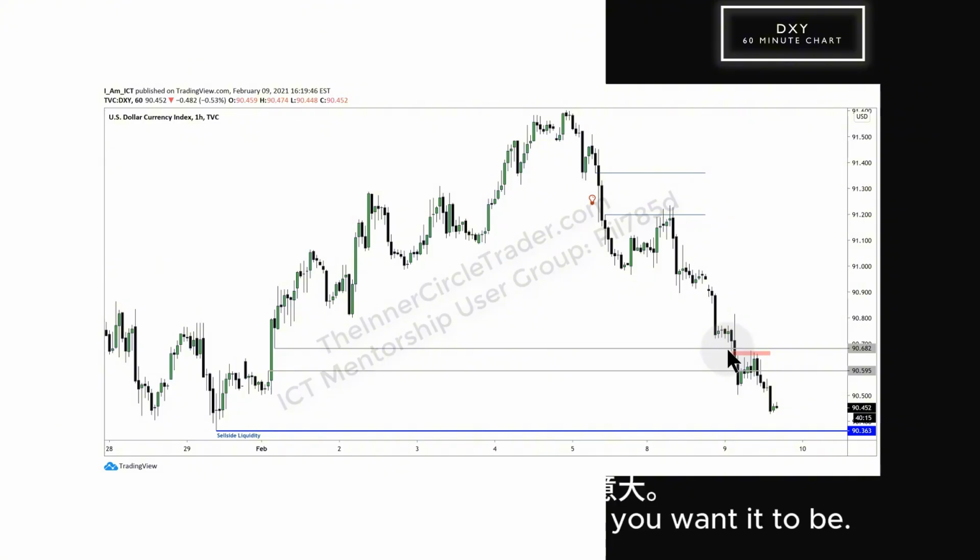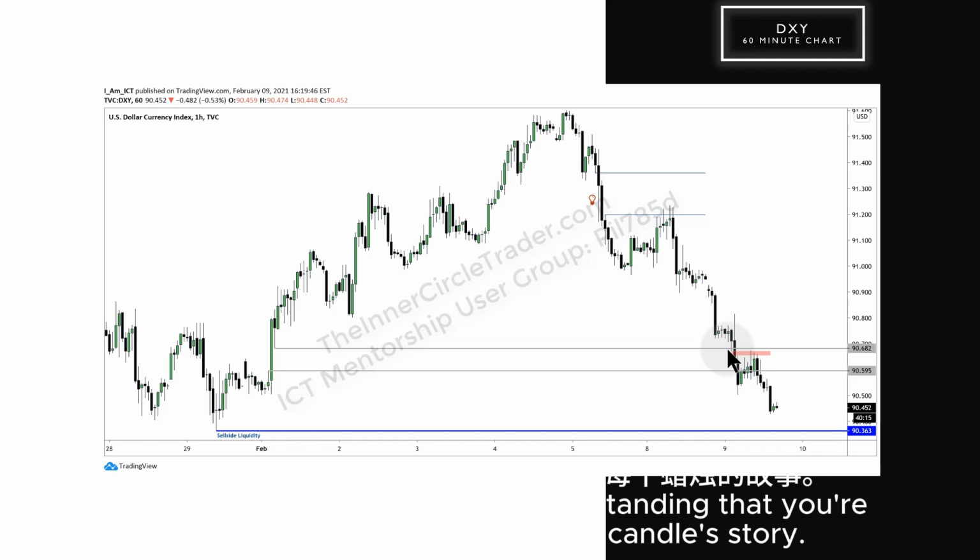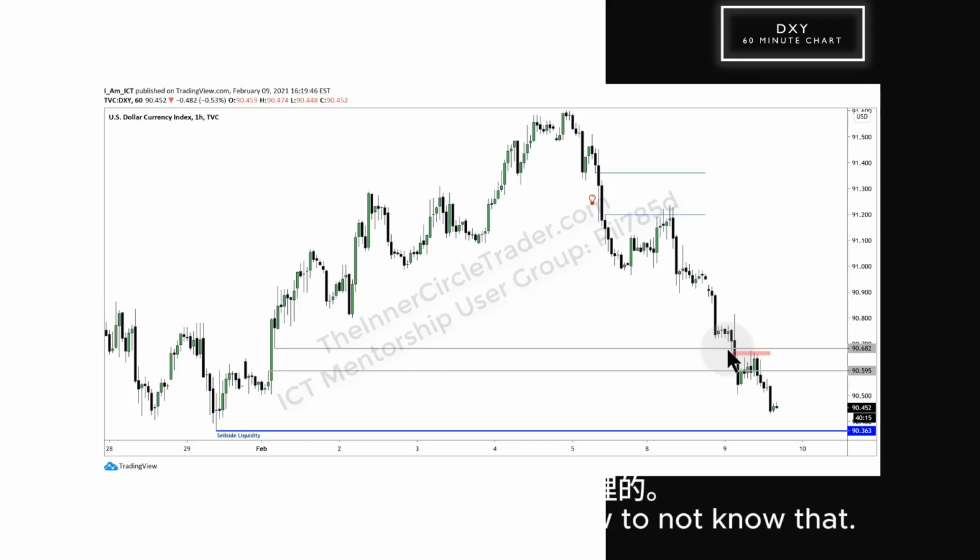And you can make that as large as you want it to be. But you can't do that at all unless you like looking at these charts, spending time with them, and understanding that you're not going to know every single candle's story. That's reasonable for you right now to not know that. You need to be aware of it, and you need to hear me tell you this repeatedly.